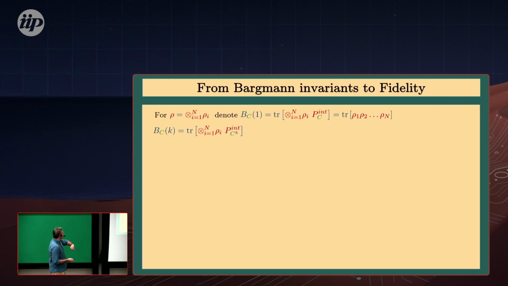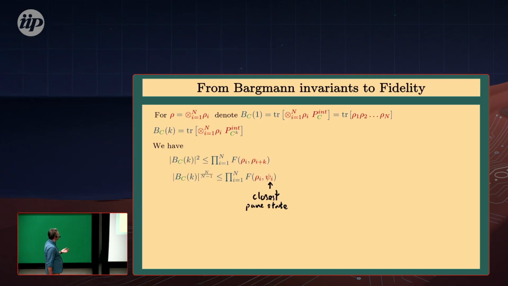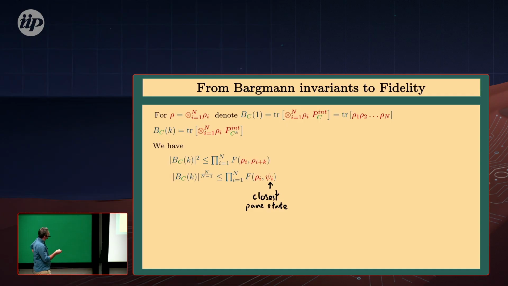Now, I think I'm running out of time a bit. So just to give you intuition for why our criterion works. I have this one specific Bargmann invariant, but let's look also at other Bargmann invariants that come from the cycle, applying higher cycles, like powers of C. Let's assume for now that we know that the magnitudes of those Bargmann invariants are large.